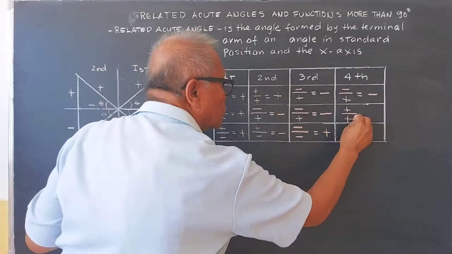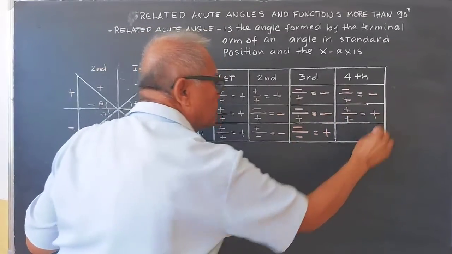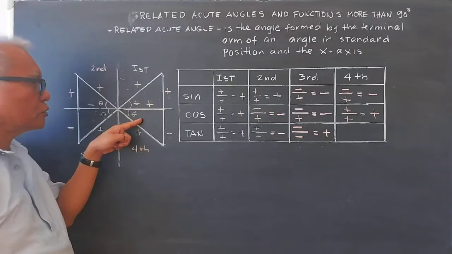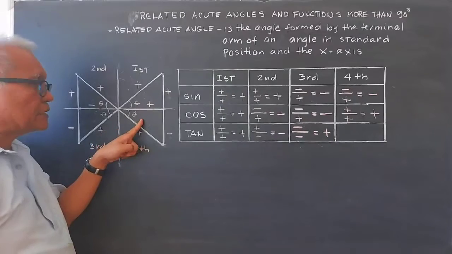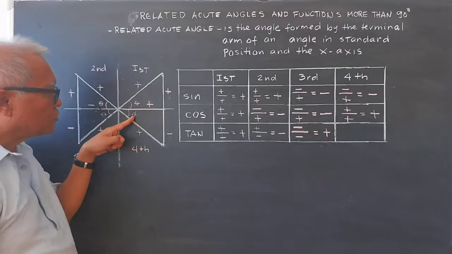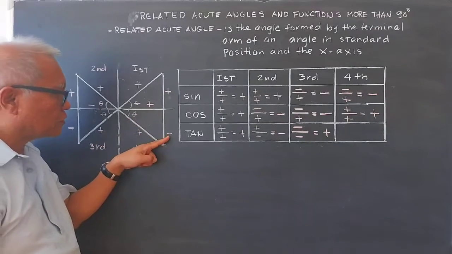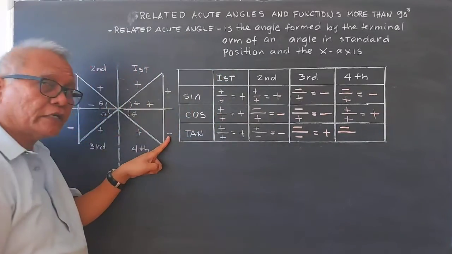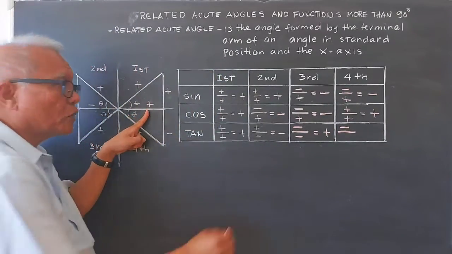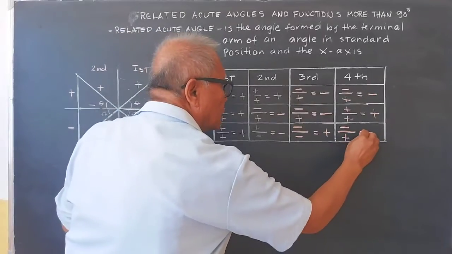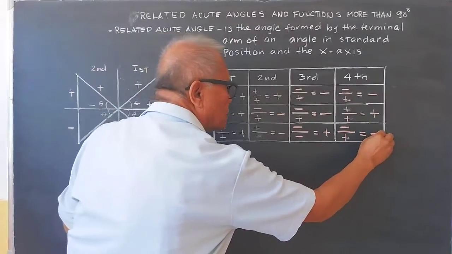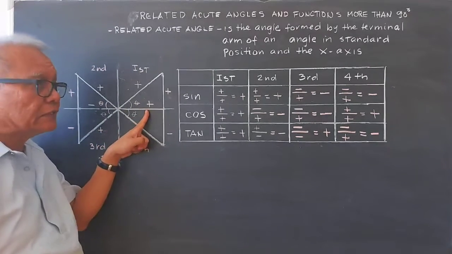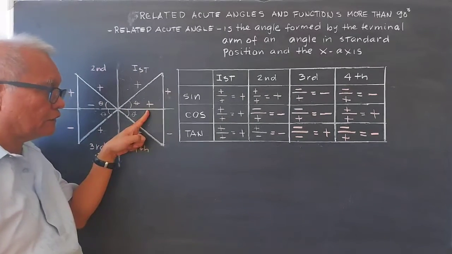So positive over positive is positive. So the cosine in the fourth quadrant is positive. Last is the tangent. Tangent is opposite, which is negative, over the adjacent side, which is positive. So negative over positive is negative. So our tangent in the fourth quadrant is negative.